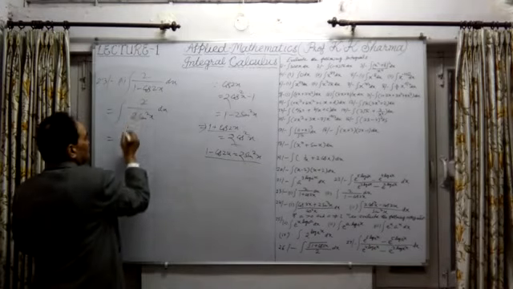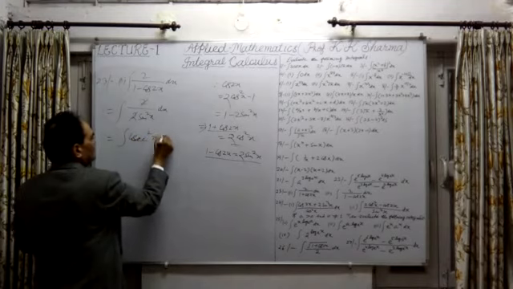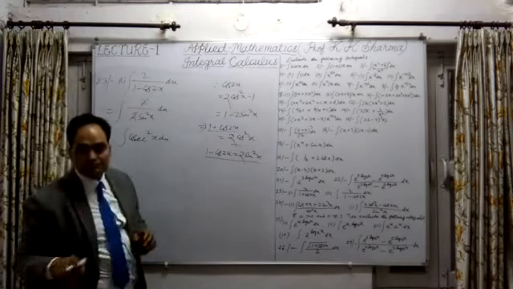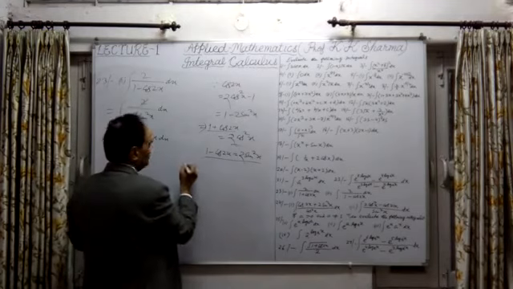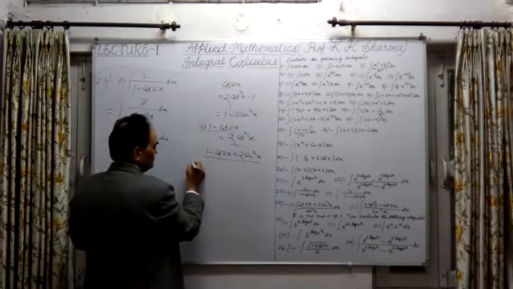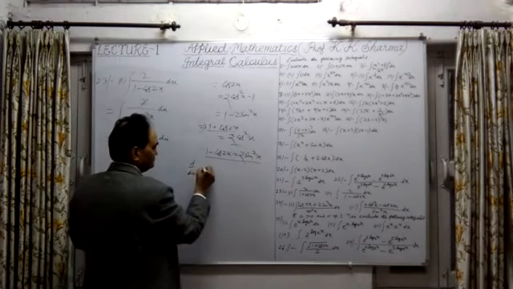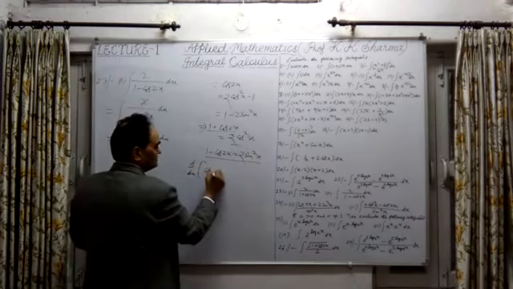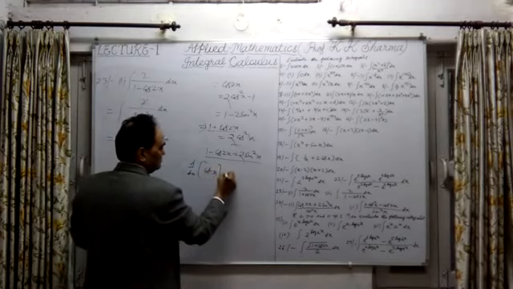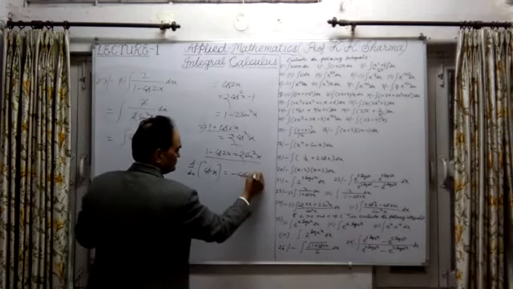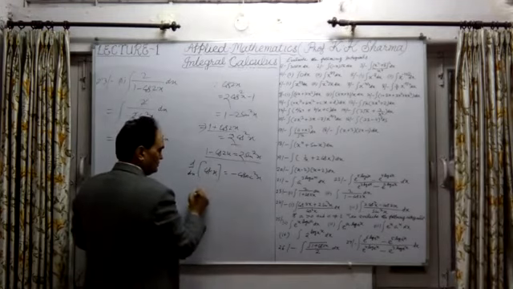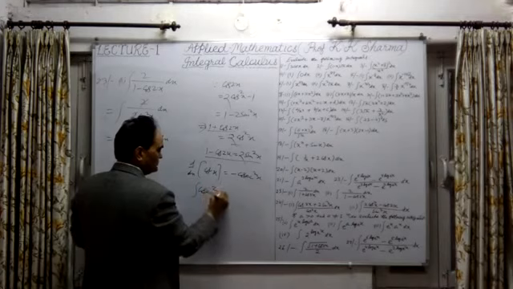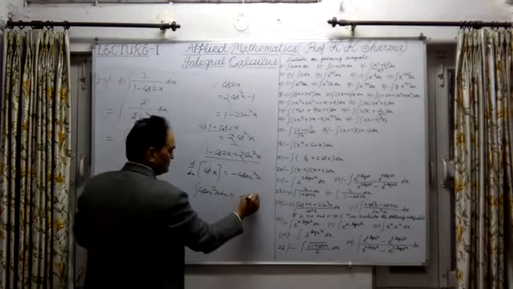So this is cosecant square x into dx. Now what do we know? What is the differentiation of cot x? It is equal to minus cosecant square x. So d/dx of cot x equals minus cosec square x, so cosec square x equals minus d/dx of cot x. Therefore, the integration of cosec square x into dx equals minus cot x, the minus sign will come to this side.